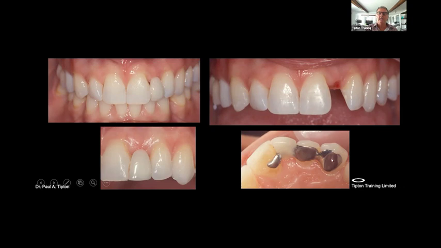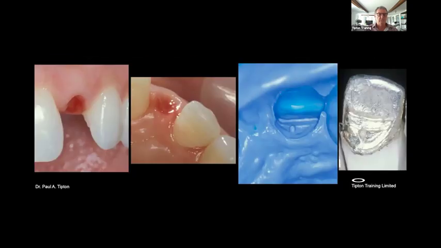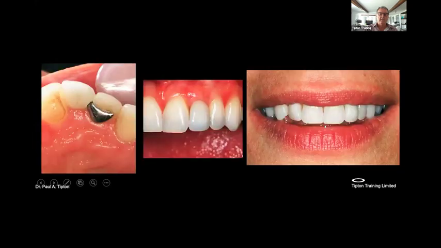So if any of these fail, this one fails, it may not fall off because it's still on those 2 teeth and we can get caries. Likewise, that can happen. Likewise, that can happen. So we have 3 chances of caries. If we go and replace this bridge, as we're going to, with a single cantilever off the lateral incisor, with a rest seat, we've used a little pinhole channel here, distal groove and mesial groove, and then cemented in one place.